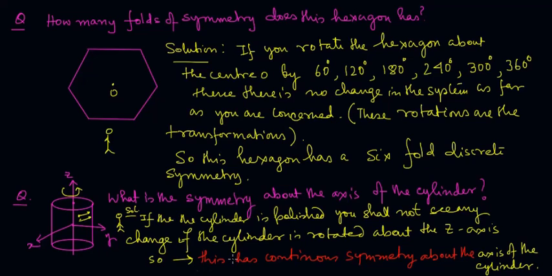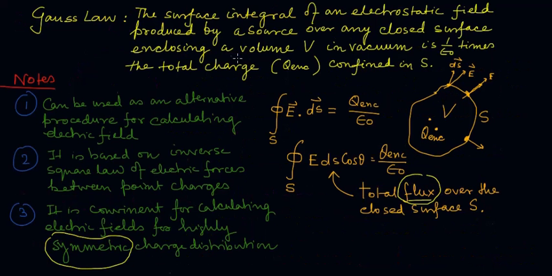So what I shall do is, we go into Gauss law and try to figure out what's the advantage, what's the disadvantage. Let's go to the first frame. As I told you, the Gauss law says the surface integral of an electrostatic field produced by a source over any closed surface enclosing the volume V in vacuum is 1 by epsilon times the total charge Q enclosed within the surface S. There are three notes I told you.